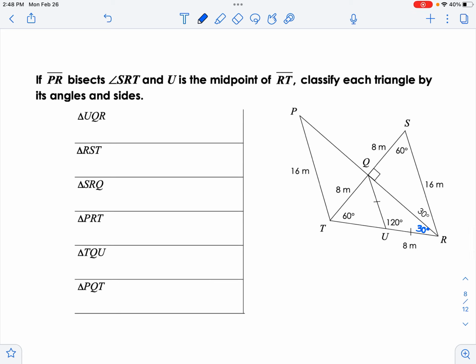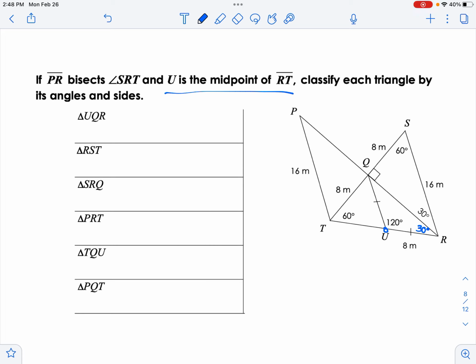The second piece of information that they give us is that U is the midpoint of RT. So here is RT, okay? And U is right here in the middle. Well, that means if it's in the middle, the 2 segments that it creates have to be the same. So you see this segment and this segment have to be the same.